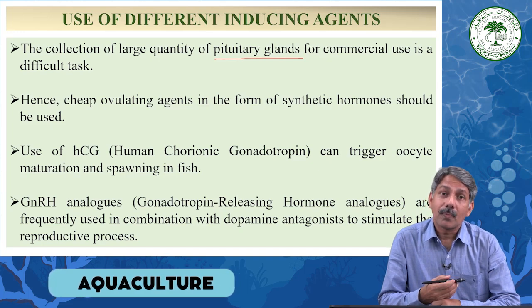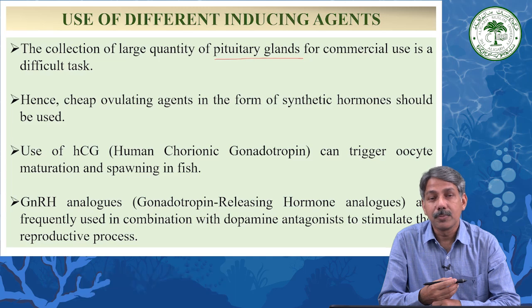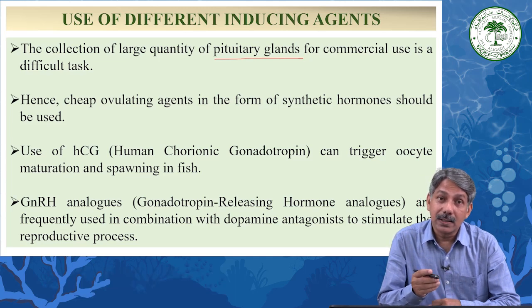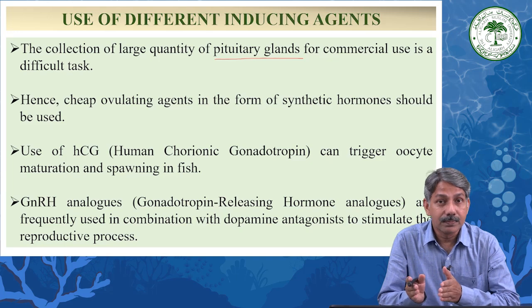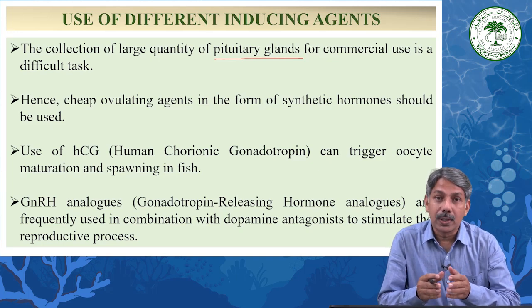And you need to have expertise in collecting the pituitary gland. You either use the pituitary gland fresh, or you have to make efforts in order to preserve its potency for later use.